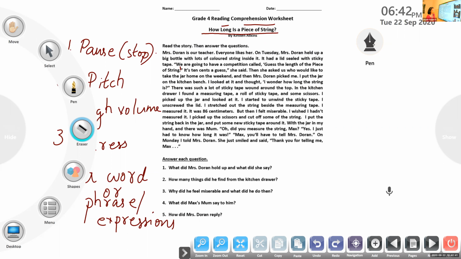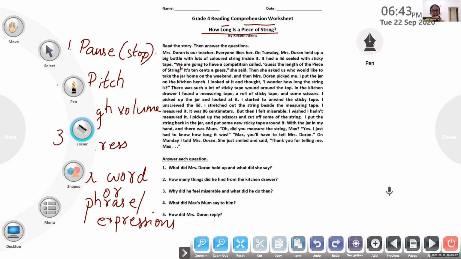So I would like to call Gopika Shankar to read from anywhere, any sentence up to you. We are going to have a competition called Guess the Length of the Piece of String. It's 10 cents a guess, she said. Then she asked us who would like to take the jar home on the weekend. And then Mrs. Doran picked me.